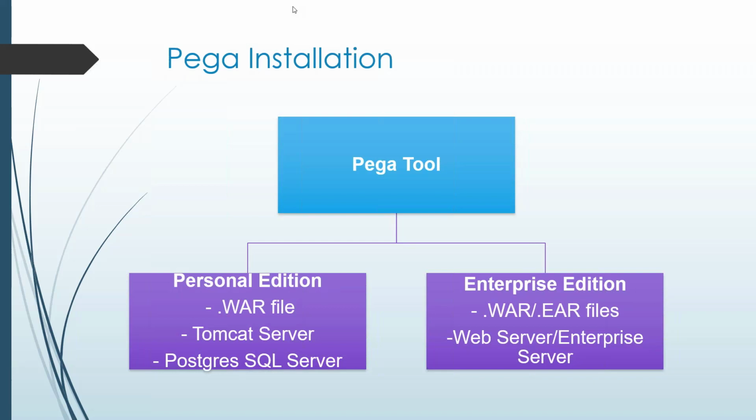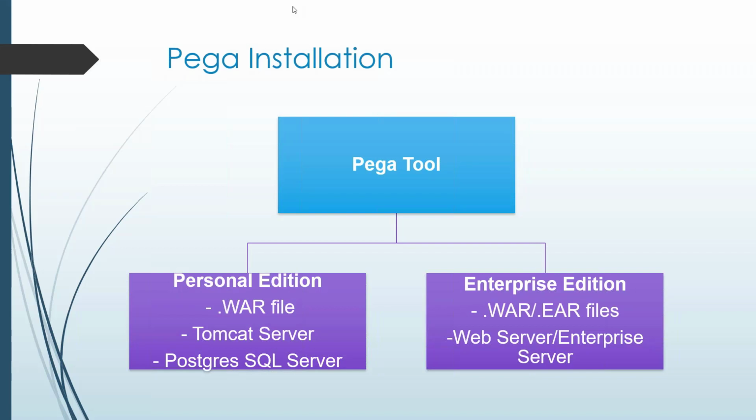Now, when I need an app server and a DB server, for the personal edition you don't need any other explicit installations. It comes with the Tomcat app server and PostgreSQL DB server, kind of packaged. But when it comes to Postgres, I never used that one.